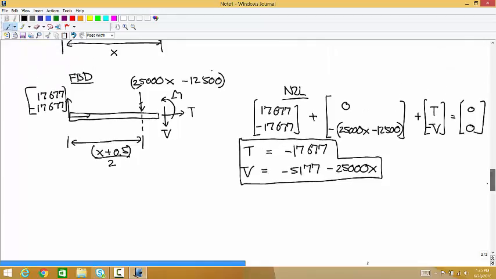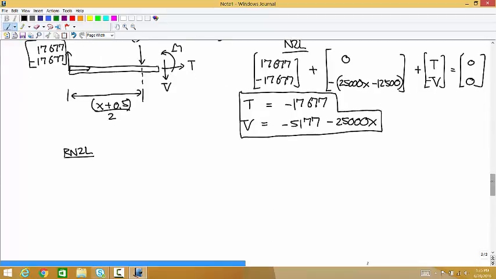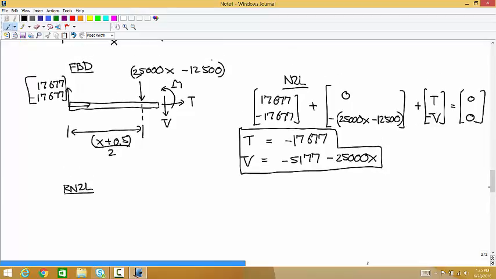Okay, and then the moment equation. Now this is going to get messy because we have an ugly force and we have an ugly moment arm. So we have a moment arm of x. Let's write it as (x plus 0.5) over 2.